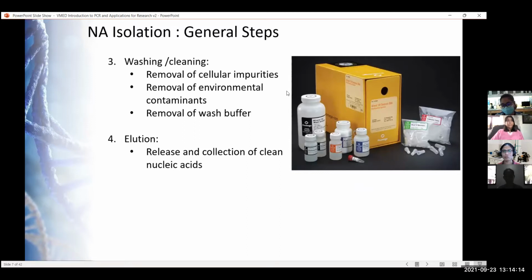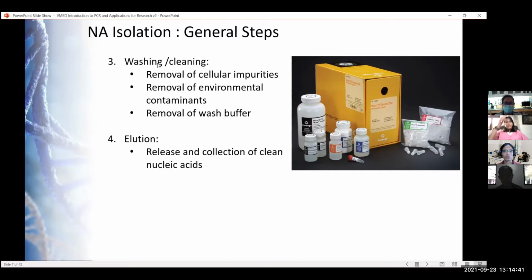So for example, for a genomic isolation kit, you will almost always see that there are wash buffers. Usually there are two or three of them. So they will be able to wash the non-polar and polar impurities that are still clinging onto the nucleic acids. And also, you need to remove the wash buffer after you wash the DNA or RNA.